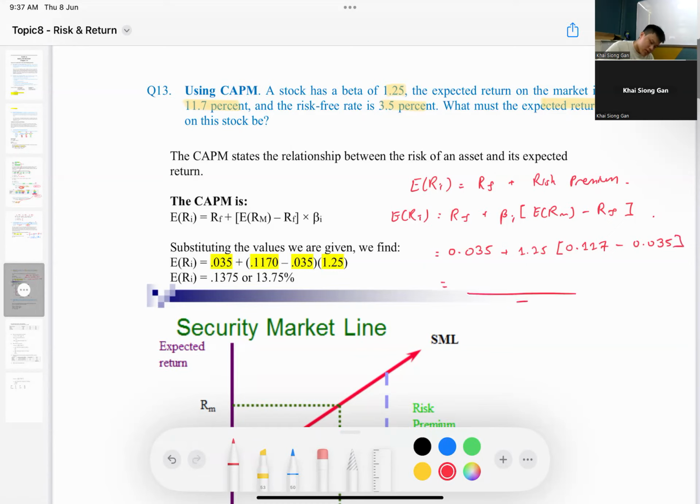Calculate it, and then you get the answer. You get 0.1375, convert into percentage, 13.75%.